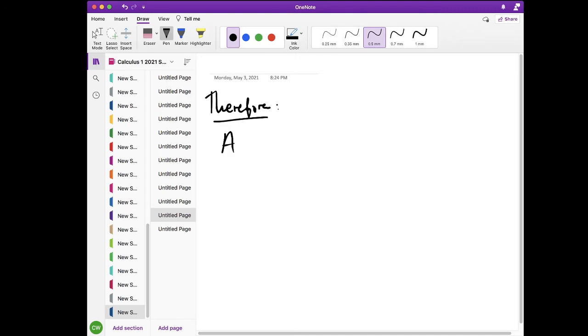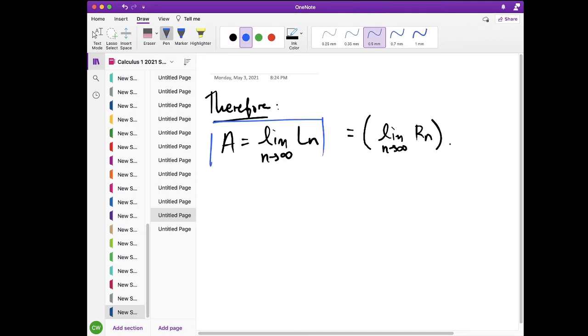A is just always going to equal this limit, and we're done. And this is also equal to the limit of R of n, but the whole point is that you can choose whichever one you like best. Maybe it'll be easier to write the formula for L of n in some cases, sometimes it's easier to write the formula for R of n, but that's it.